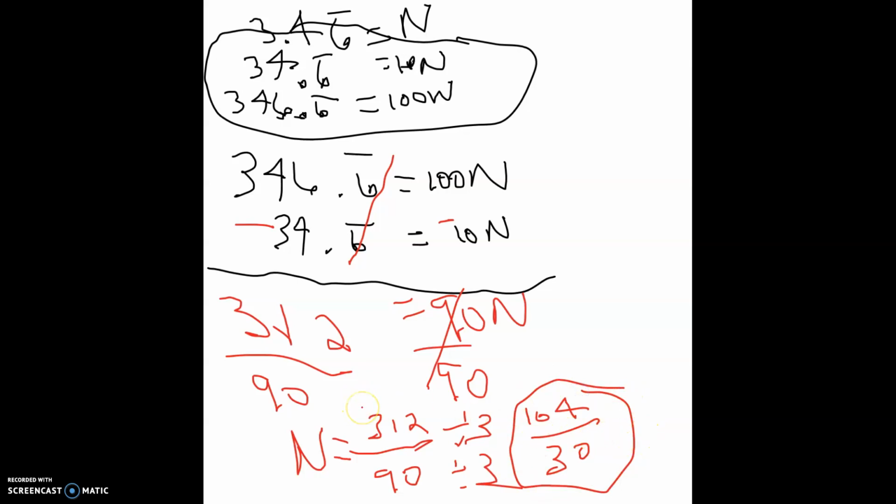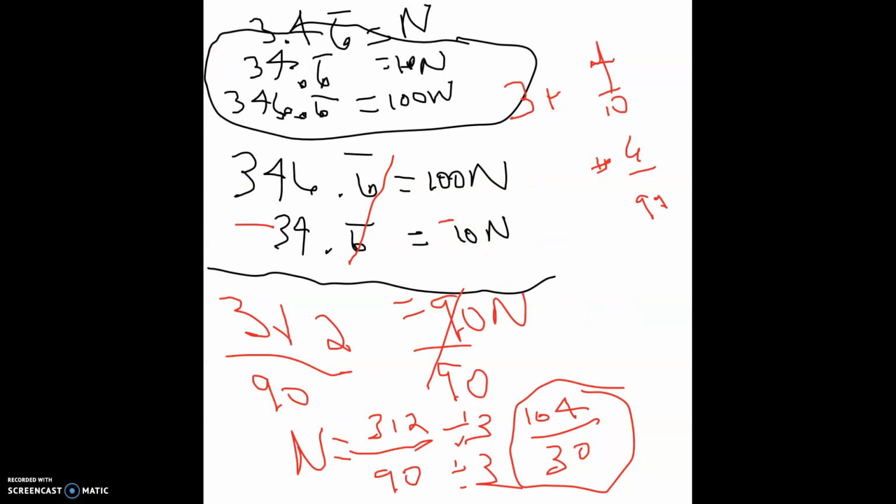So anyway, but again, if you want to check your answer, you could take 312, the original, divided by 90, which is correct. It gives us the 3.4 and then just the 6 repeating. Now again, remember we would have separated this into 3 and 4 tenths and 6 over 99 and got a common denominator of 990, and we would have done all that and simplified and so forth.